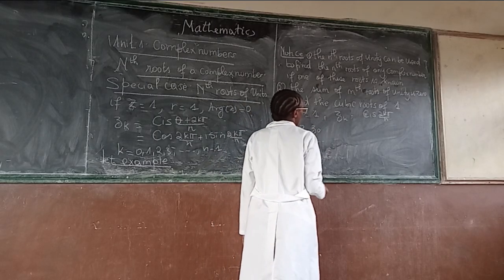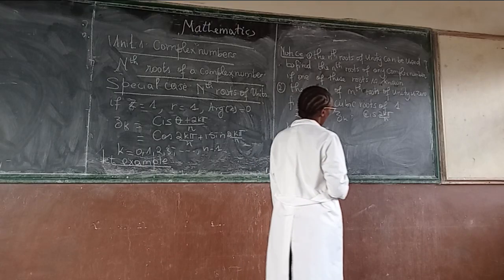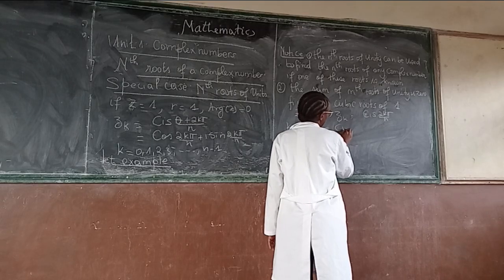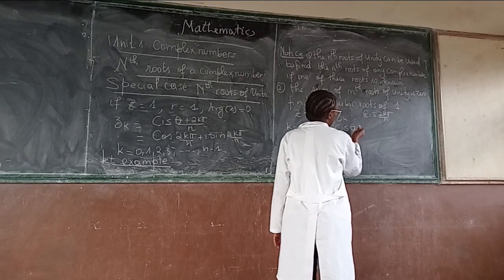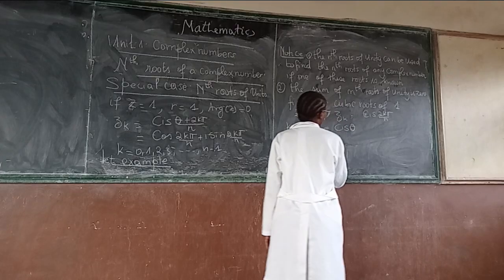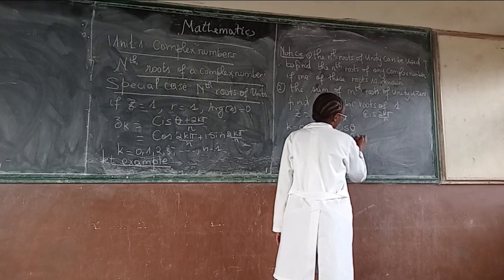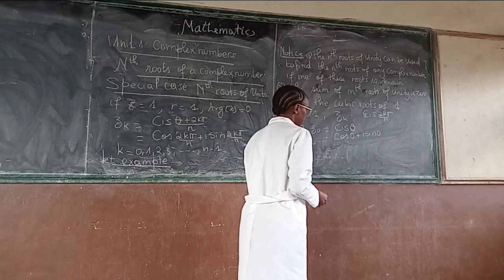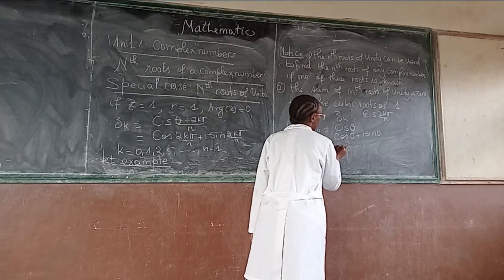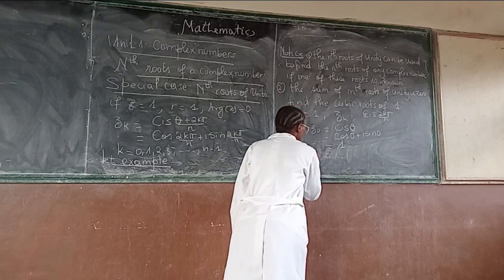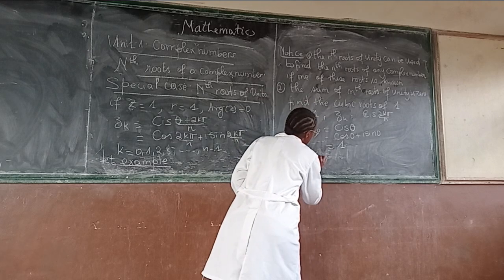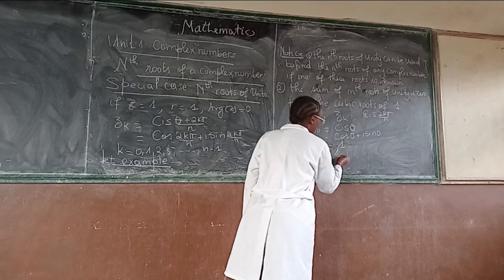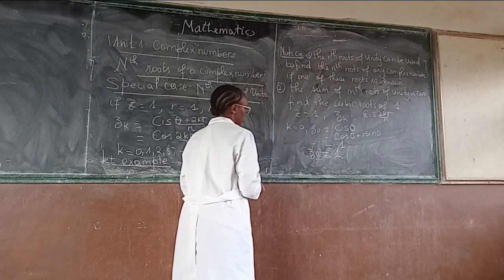Our z_0 will be equal to cis(0), or cosine of 0 plus i sine 0. By calculating the value, we get 1. So the first root of the complex number z, which is equal to 1, is 1. This is the first root.